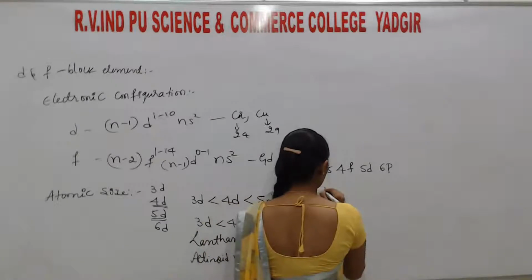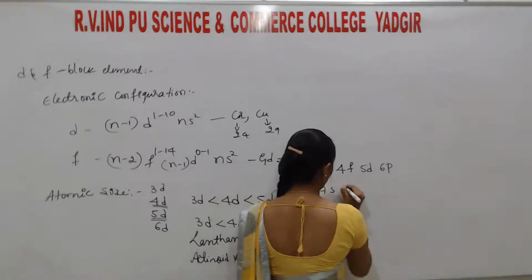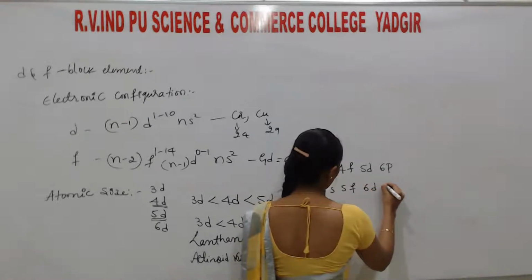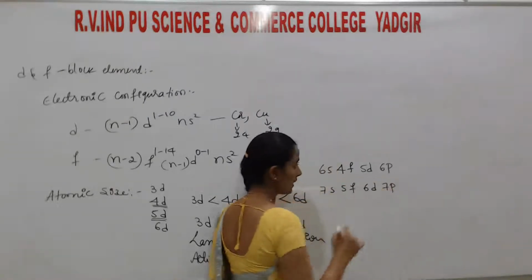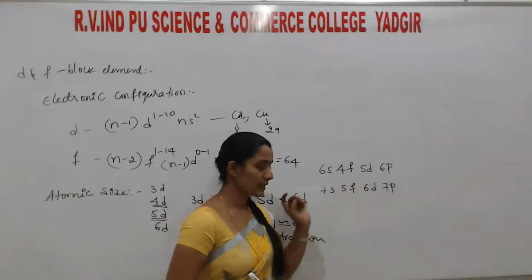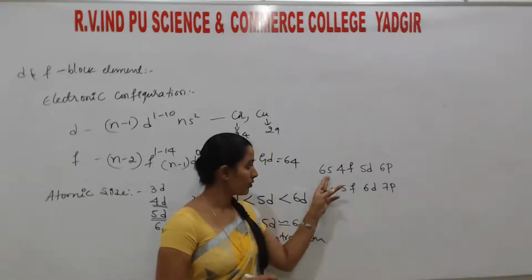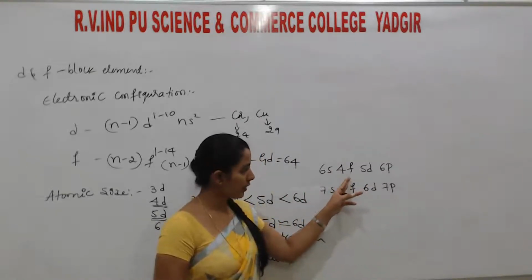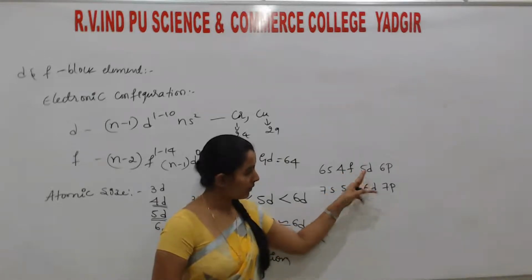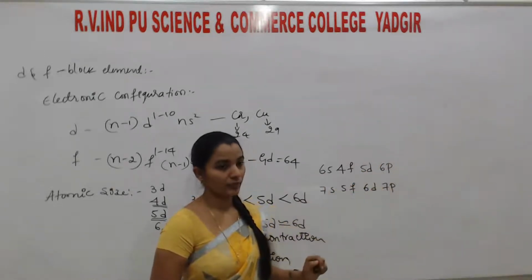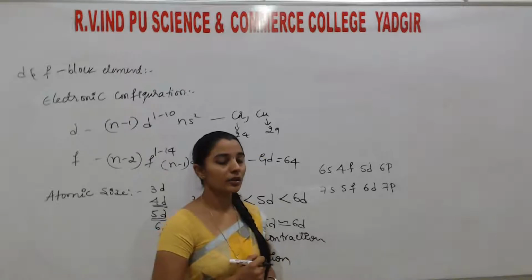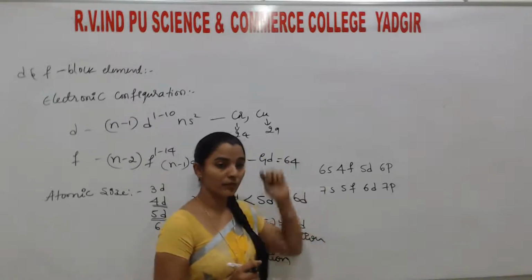Okay, another one is 7s, 5f, 6d, 7p. So this is the electronic configuration order for the 4f series and 5f series. After 6s, 4f will come, after 4f, 5d will come, after 5d, 6p will come. You just go through the electronic configuration list that I gave in the previous video.